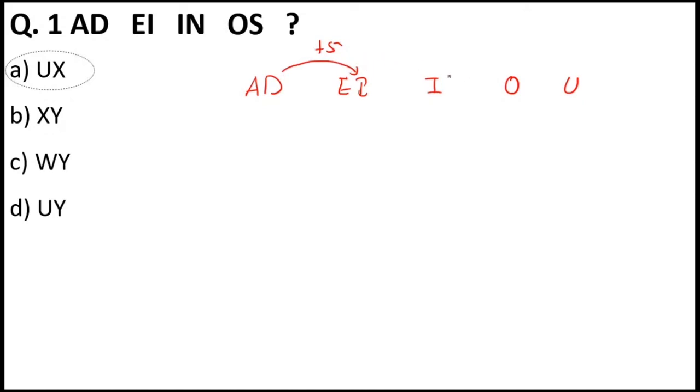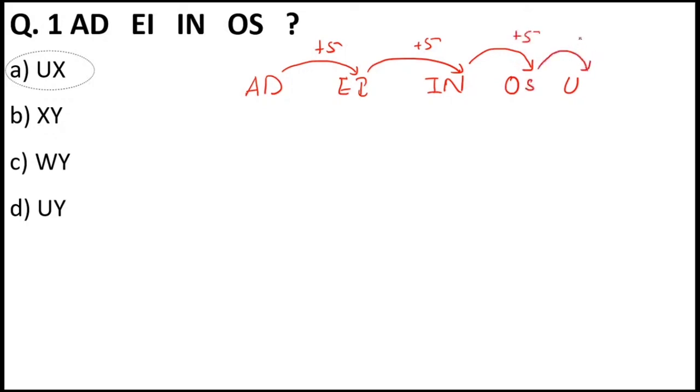Let's talk about N. So after how many terms from I does N come? I, J, K, L, M, and N. Again, 5 terms we are adding, then we are getting N. So the same will apply to O as well. From N, O, P, Q, R, and S. So 5 terms we are adding, we are getting S. So the series you see is just getting repeated.